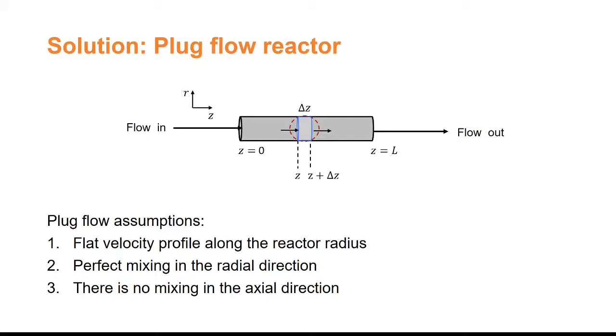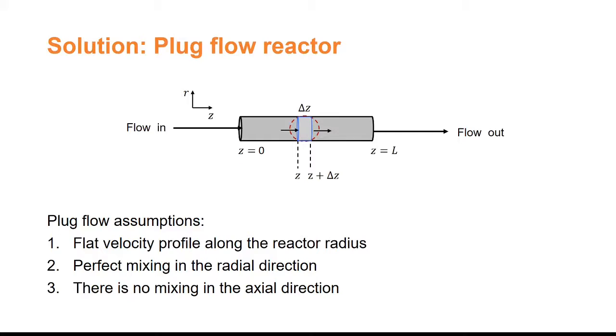If there's no mixing in the radial direction, for example, if we have an exothermic reaction, then the fluid close to the wall will be colder than the fluid on the inside. So there will be some energy flow from the inside to the outside, and you won't have a uniform distribution across the radius of the reactor.